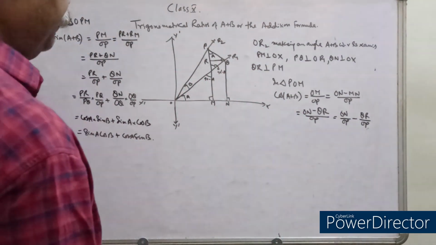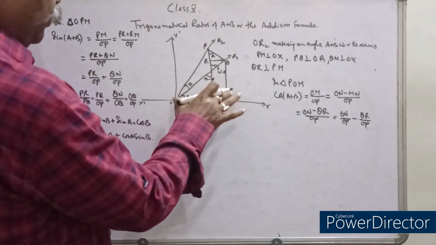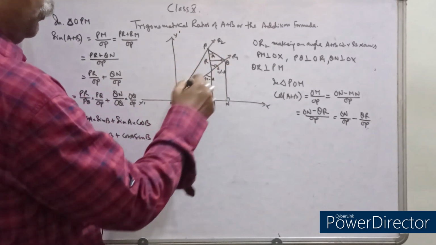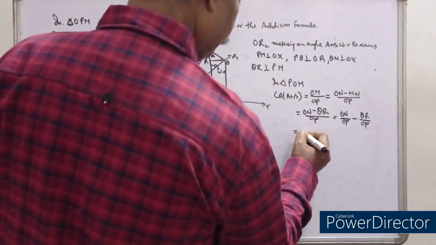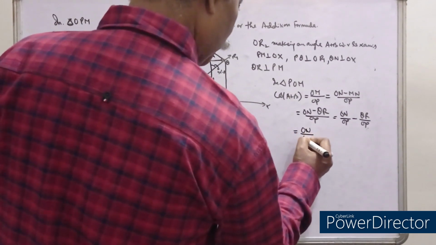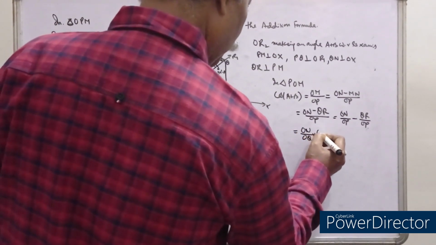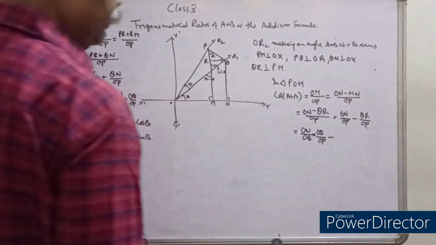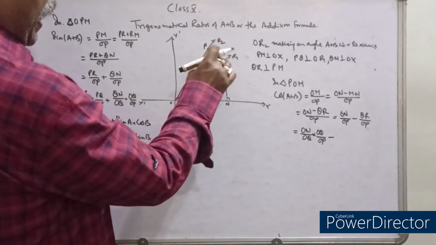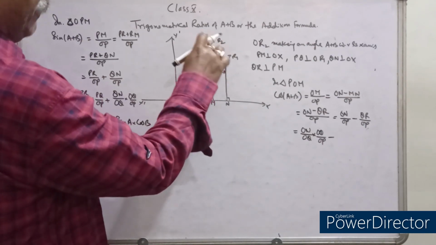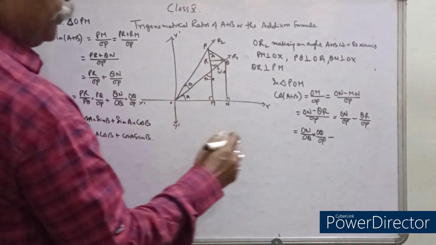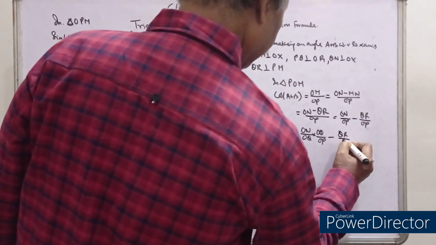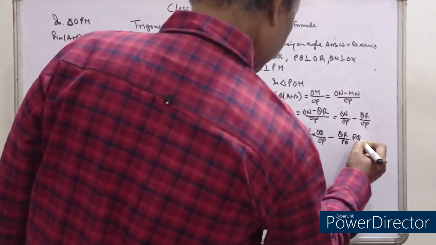So here you see ON by OP. I will link it with OQ, so this becomes ON by OQ into OQ by OP, minus QR by OP, which I will link with PQ, so QR by PQ into PQ by OP.